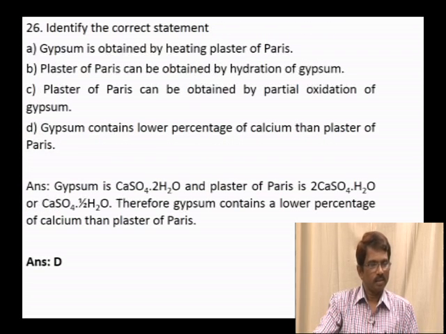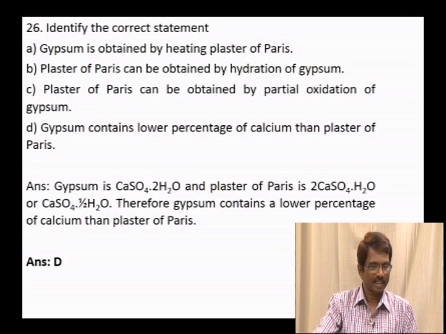Question number 26, identify the correct statement. Gypsum is obtained by heating plaster of Paris. POP can be obtained by the hydration of gypsum. POP can be obtained by partial oxidation of gypsum, and gypsum contains lower percentage of calcium than plaster of Paris.